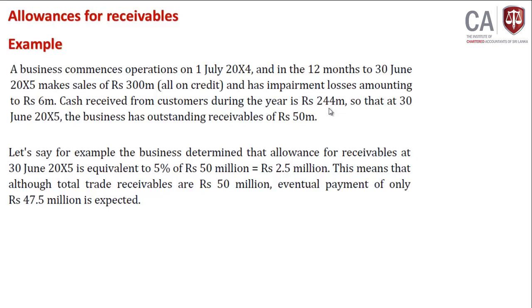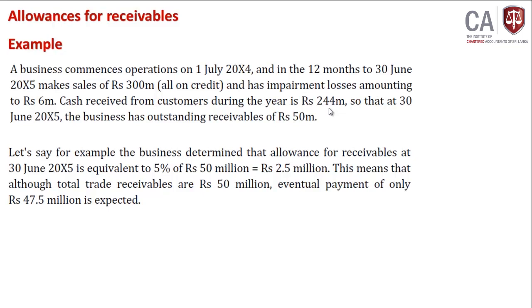Cash received from customers during the year was 244 million, so that at 30th June 2015 the business has an outstanding receivable of 50 million. Now pass the double entries for those transactions first before we move into the second part of the question.